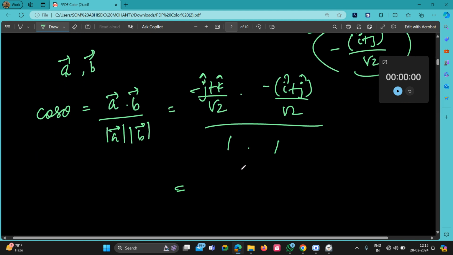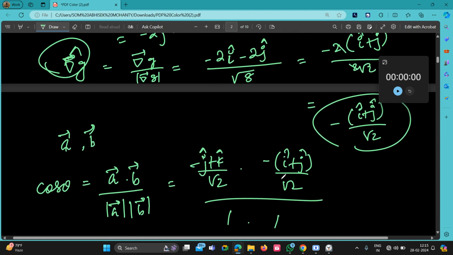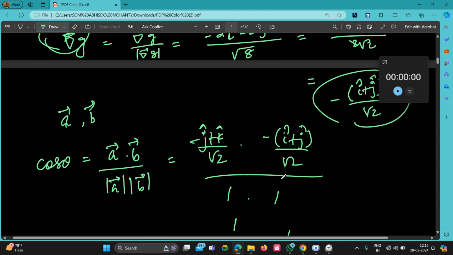So that will be what? Minus j dot minus j is plus 1. So 1 by 1. So the angle is 1 here. You see, right? Is it correct or did I make a mistake? Magnitude of A is root 2 by root 2, that will be 1.